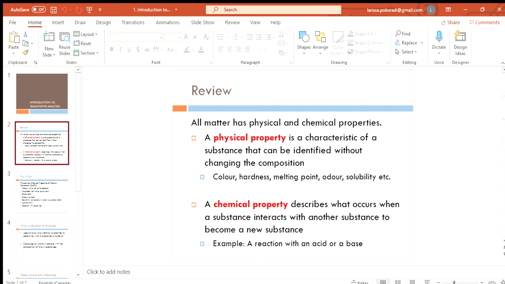So this is taking us back to early science courses, grade 9, grade 10, when we learned about chemistry in the first place. We learned about physical and chemical properties and how to separate one from the other. A physical property is pretty much anything you can describe about something without actually doing anything to it.